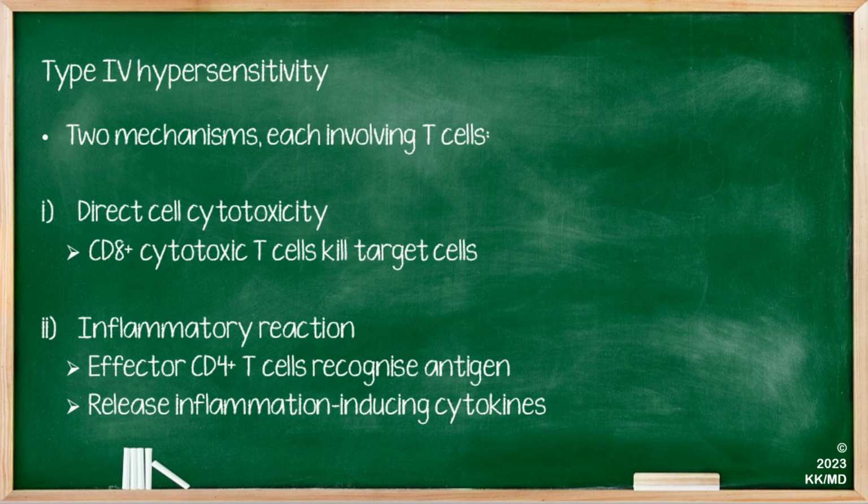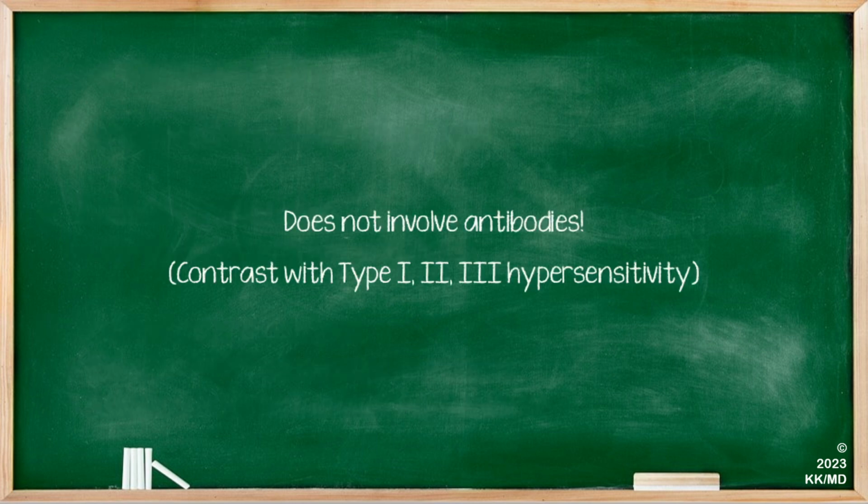The second one is an inflammatory reaction, which is a result of the effector CD4 plus T cells recognizing antigens and then releasing inflammation-inducing cytokines. So it's really important to realize that Type IV hypersensitivity reaction does not involve antibodies, which is in complete contrast with Type 1, 2, and Type 3 hypersensitivity reactions.